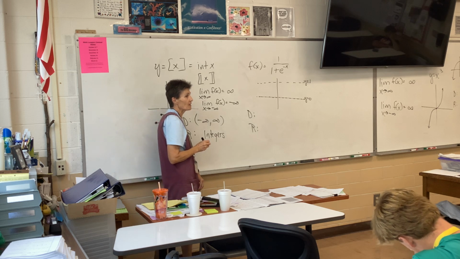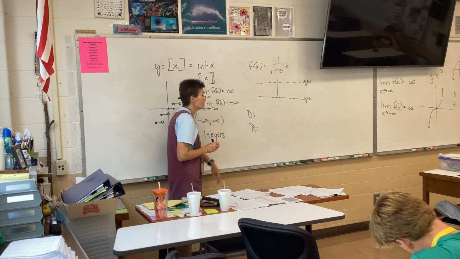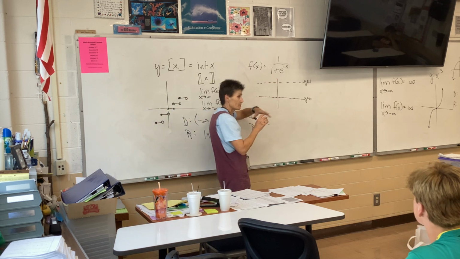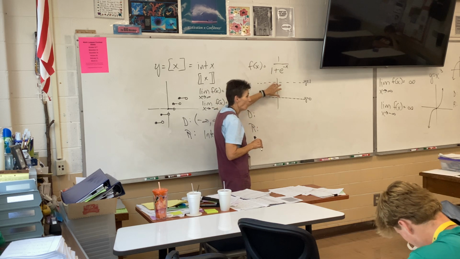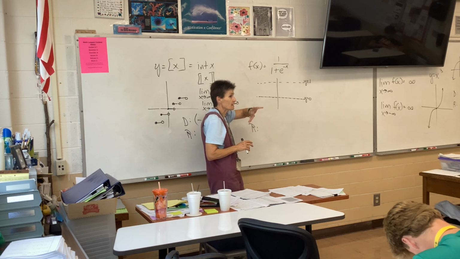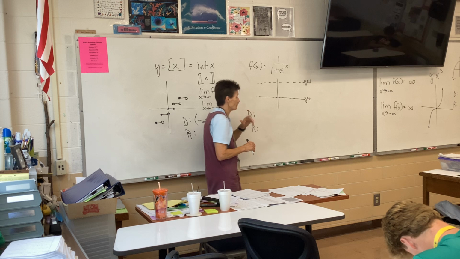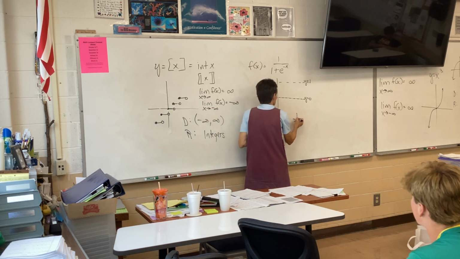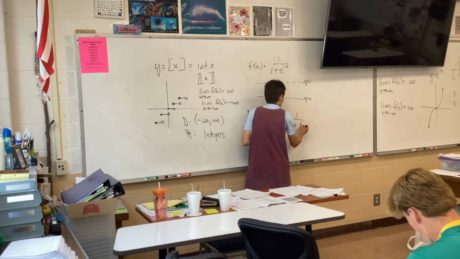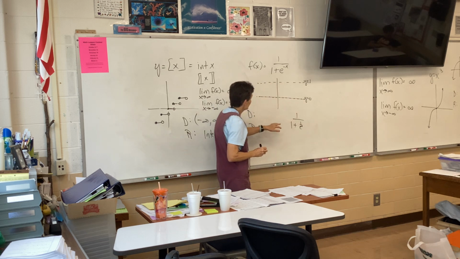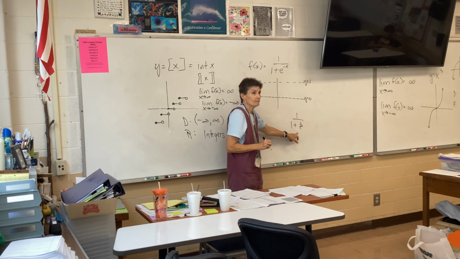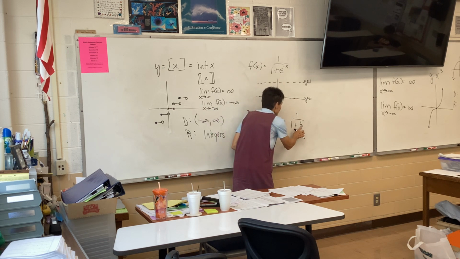Now, I want you to think about that for a second. This is up 1, so skip some spaces. If I look at this equation, that would really be this, right? And e is 2.7, so I'm just going to say 2 in front of it.